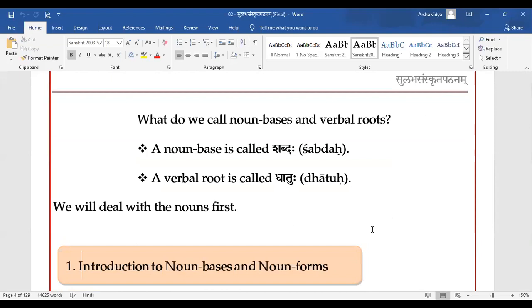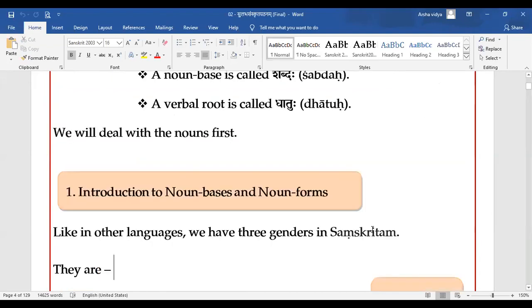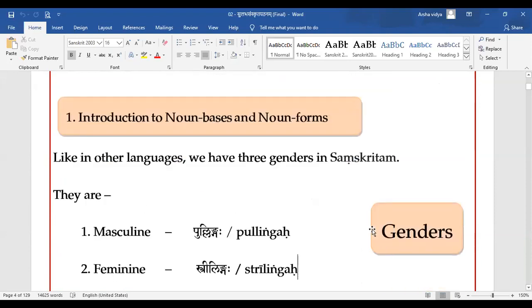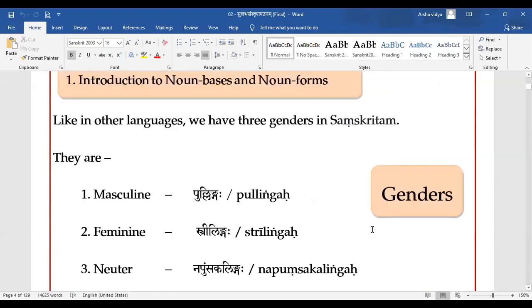Okay. So now let us see what they are, noun bases or noun forms. We know noun forms are derived from noun bases, right? And this noun base, meaning the word, any word you take, it has gender. Like in other languages, genders are there.